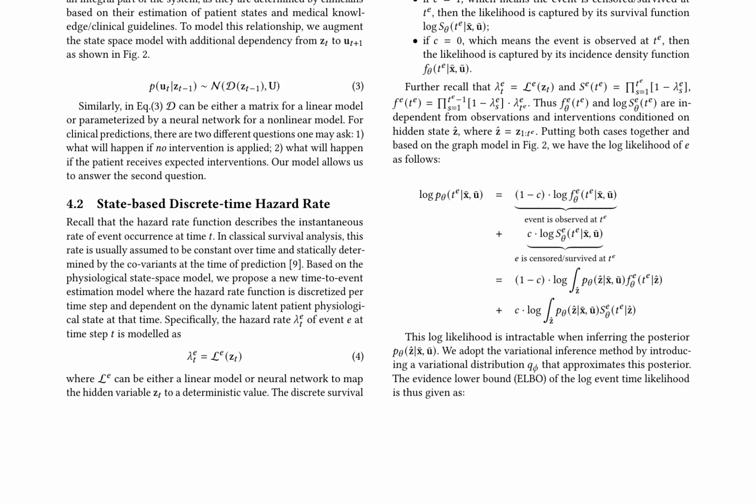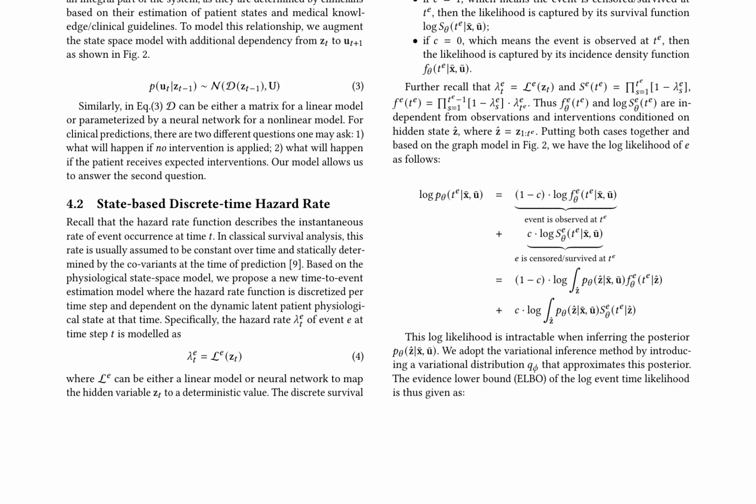The evidence lower bound, ELBO, of the log event time likelihood is given as ELBO = (1 - c) log integral over z of p_theta(z | x, u) f_theta(t | z) + c log integral over z of p_theta(z | x, u) S_theta(t | z).